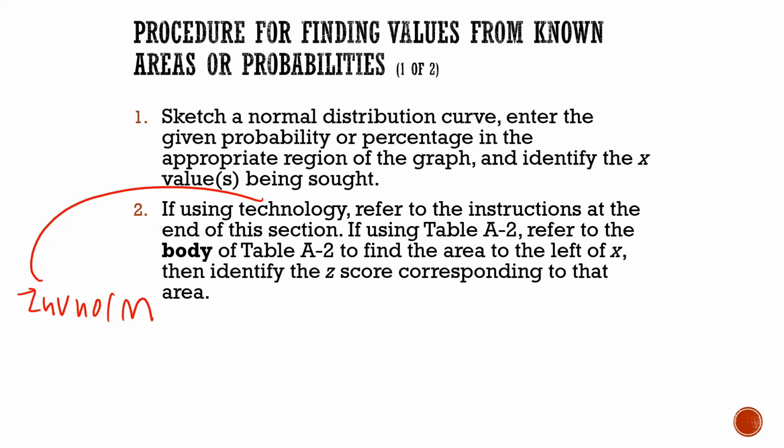Because that's the percentage, because in here you have the percentage of area to the left. So I want to find the particular Z value. I want to find the closest I can to the number in the table and then find the point there, right? So this went from P to Z.